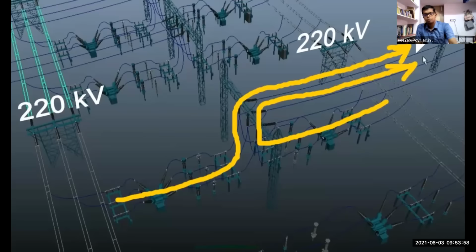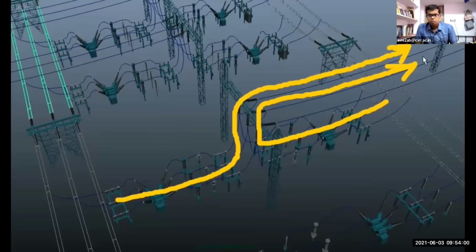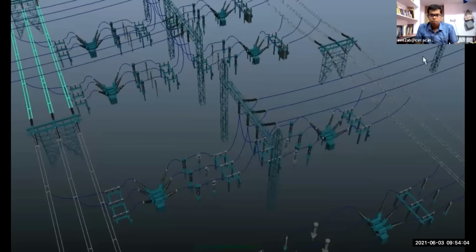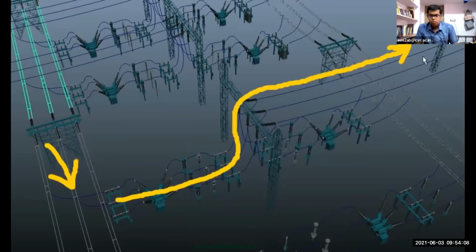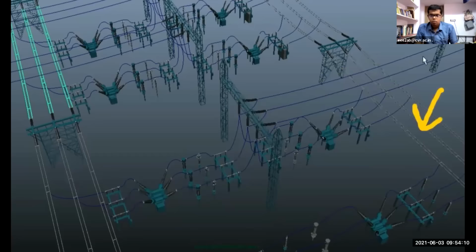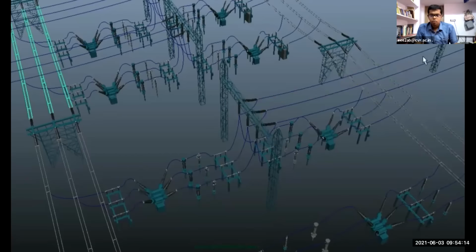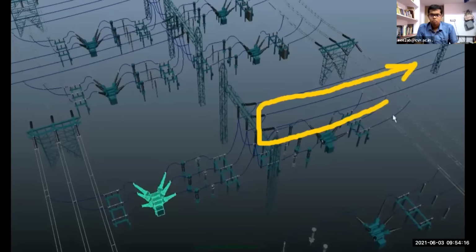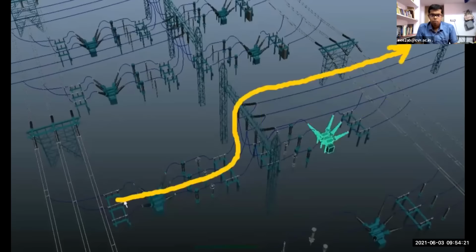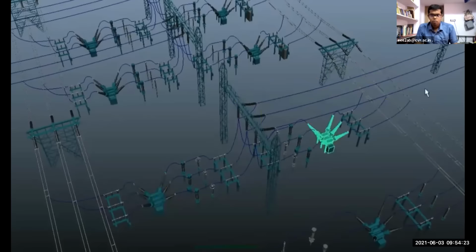A connection has been taken out for further transmission of electrical power. So from this bus, we take the connection through this path, and from this bus, our supply will go through this path. If this circuit breaker is switched off, then the power will continue from this path, and if this circuit breaker is switched off, the power will choose this path.